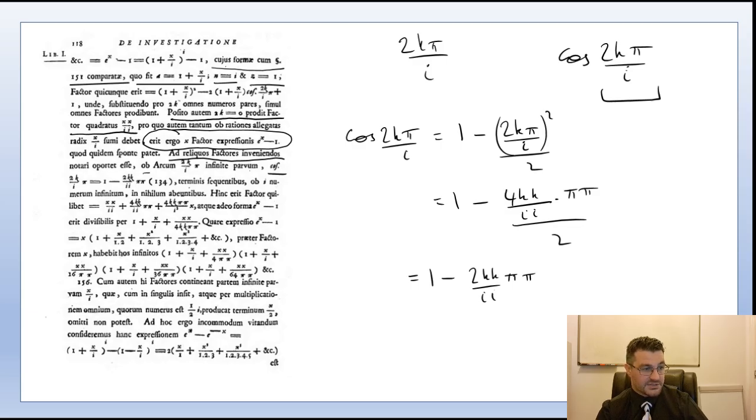So cosine 2k pi over I is equal to this. So we're using it as equality.